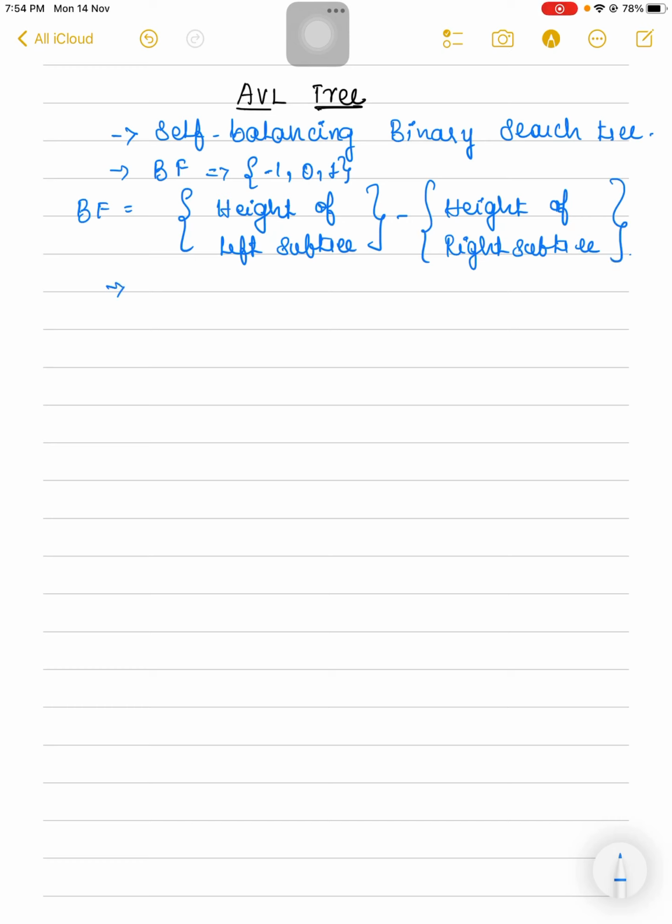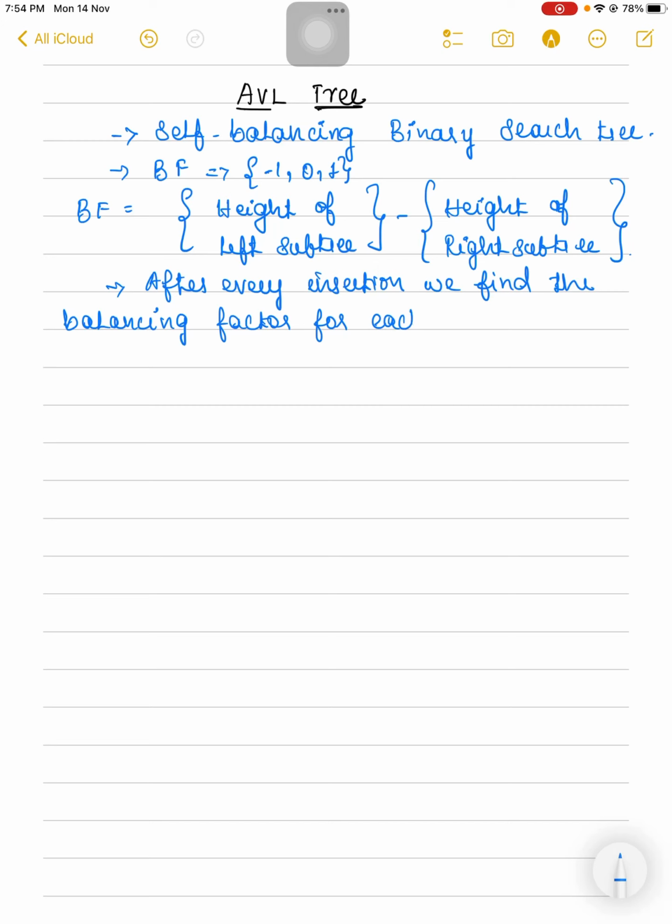And one more thing, after every insertion, we should find the balancing factor for each node. Before all this, the main thing is it should be a binary search tree.